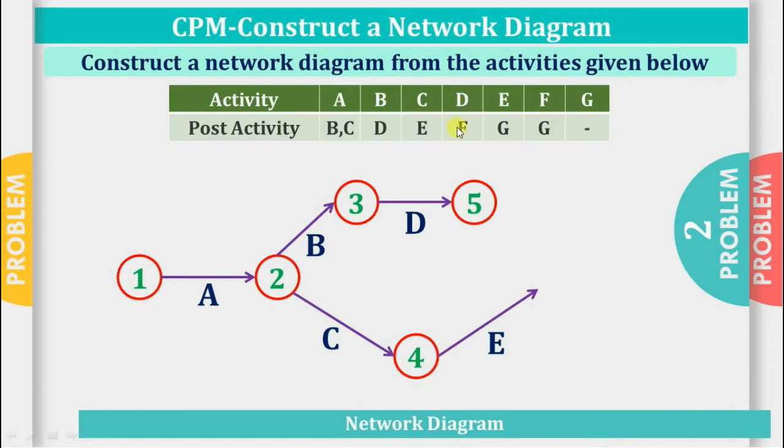Now activity D has post activity F. So it will be here. Now you will see E and F. Activities E and F both have one post activity, that is G. So G will be here, and it has no post activity, so it's the last activity.